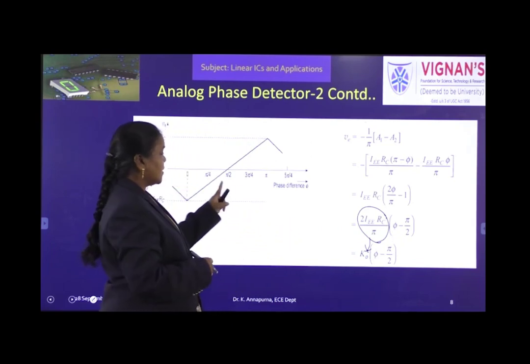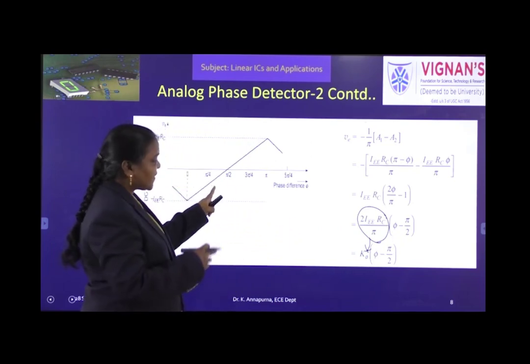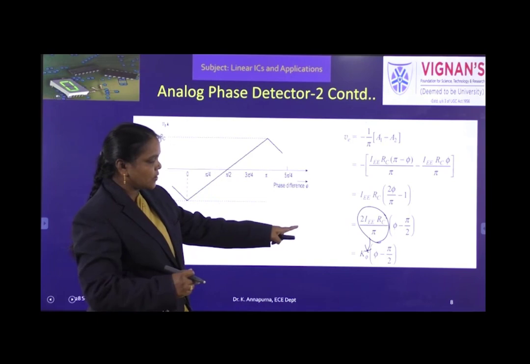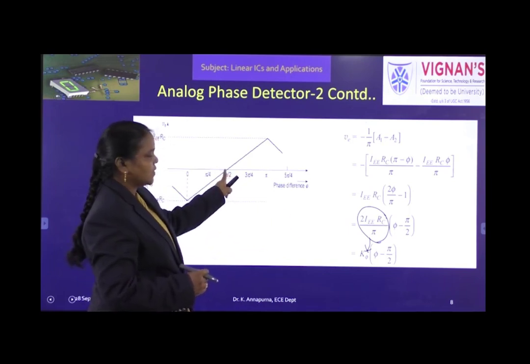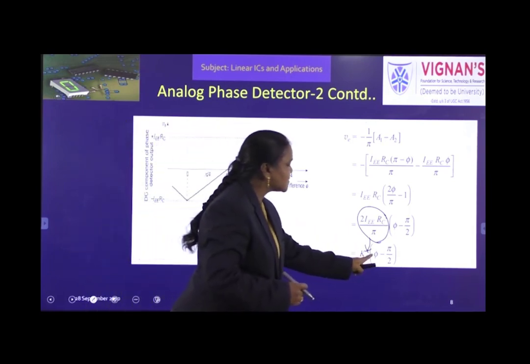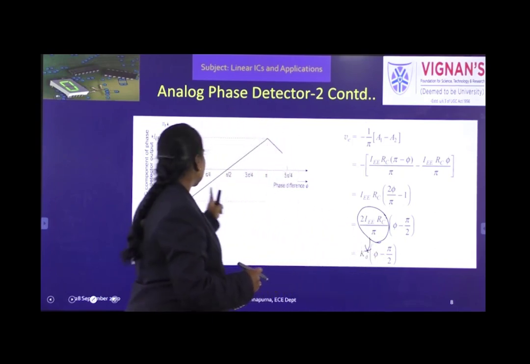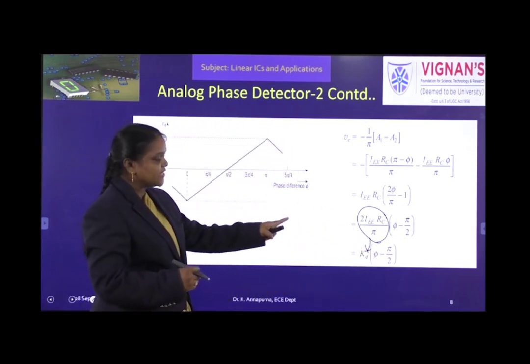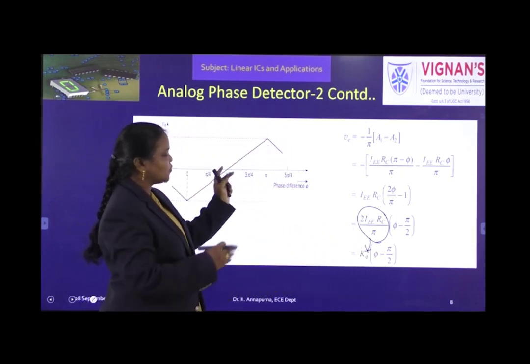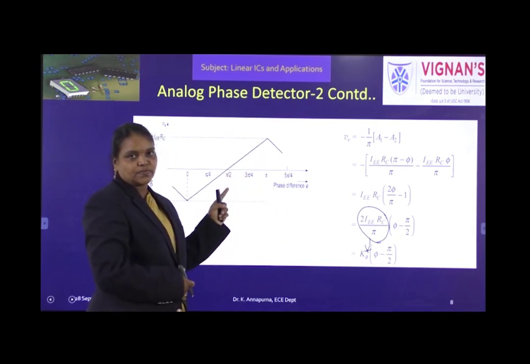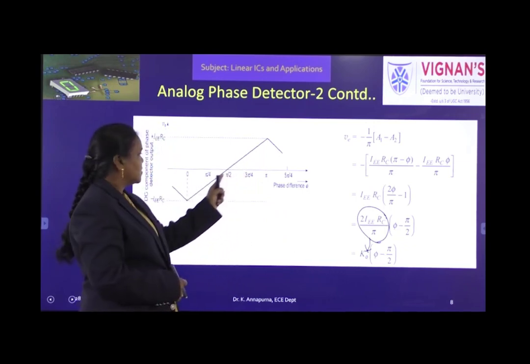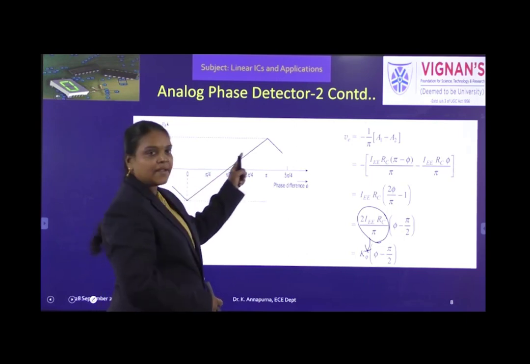And at phi equal to pi by 2, the control voltage is 0. When phi is 0, it is negative, and when phi is more than pi by 2, up to 180 degrees, it will be positive. So the relationship will be like this.